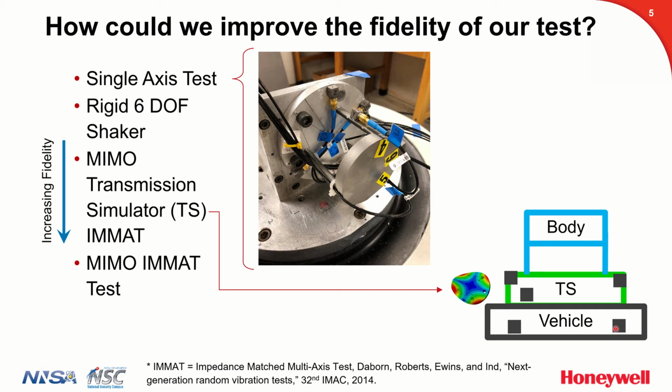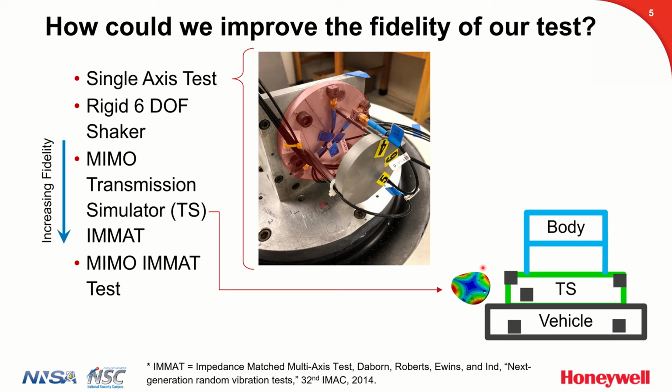Basically the idea is that we would take measurements as the vehicle is flying, and we would take some part of the structure or some fixture, and we'd call that our transmission simulator. We consider it to be the interface between the body of interest and whatever's carrying it. In this case, that's this plate, right? We call that our transmission simulator.